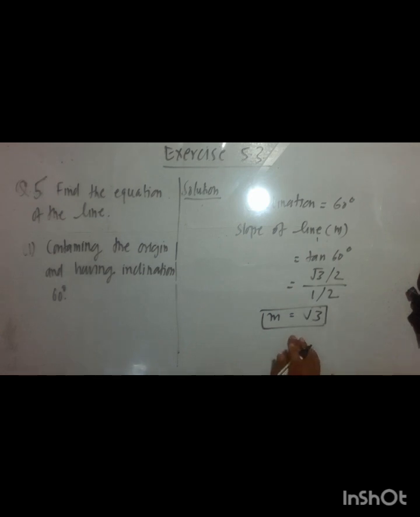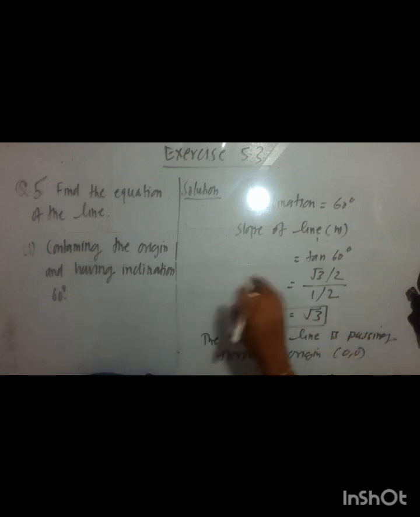So we could find out the slope of the line, and now the required line is passing through origin, that is 0 comma 0. Okay, so now there is a slope and one point is given.